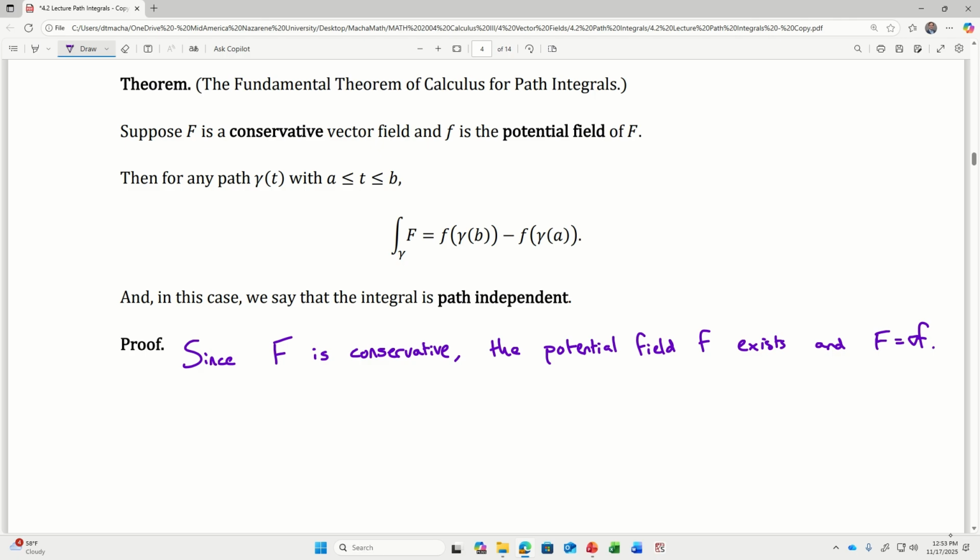Now, taking the path integral over capital F would be like taking the path integral of the gradient of lowercase f, and a path integral over a vector field is the integral from A to B of the vector field dot product with the derivative of the path.